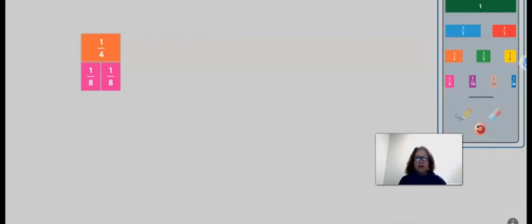So if I'm comparing 3/4 with 3/8, obviously 3/4 is larger than 3/8. So the mouth of the alligator is going to open towards the 3/4. 3/4 is greater than 3/8.